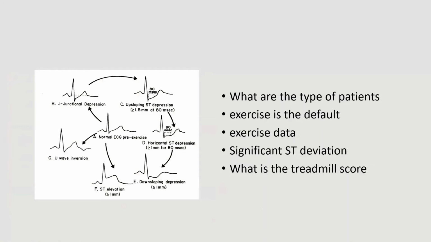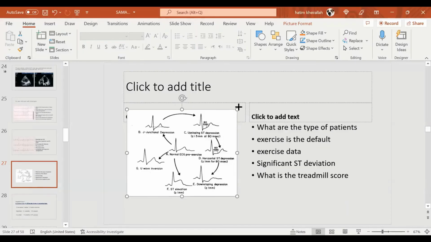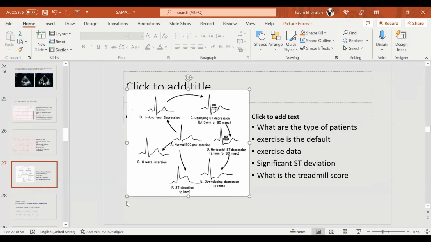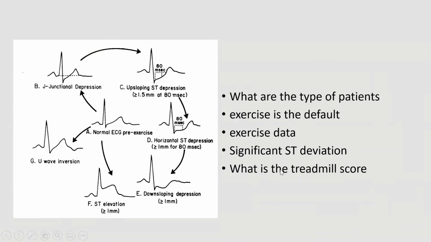Now, you are probably doing a lot of exercise ECG, and that's what you get usually. I'm gonna just show you this is better. Okay, when we talk about ST segment depression, what are we actually talking about? This is the ST segment.